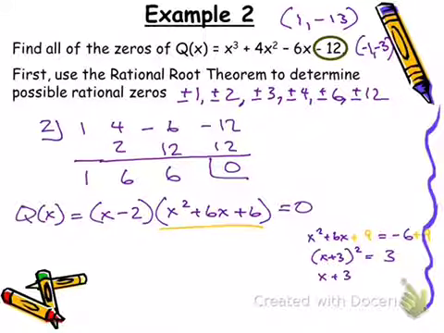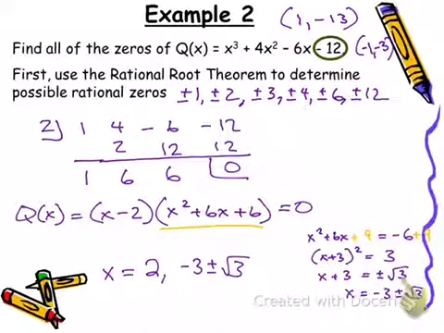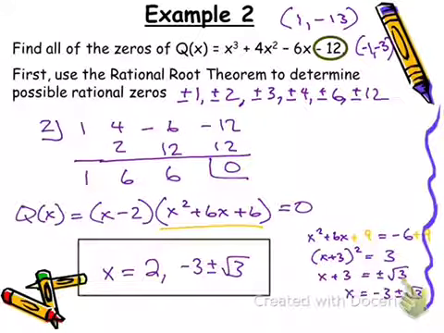With me, Zach? Subtract 3 from both sides, we get x equals -3 plus or minus the square root of 3. To what kind of solutions? Irrational solutions. So my 3 solutions are x equals 2, x equals -3 plus or minus the square root of 3. There's my 3 zeros.